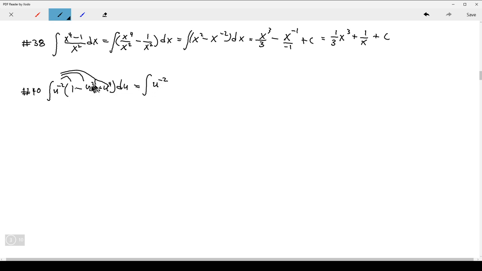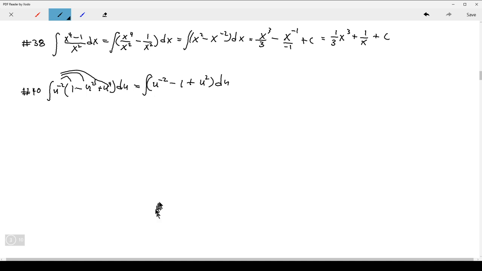U to the negative 2 times u squared: I add the exponents and I get 0, so u to the 0 is 1. Plus u to the negative 2 times u to the 4th: again, I add the exponents and I get 2, u squared.